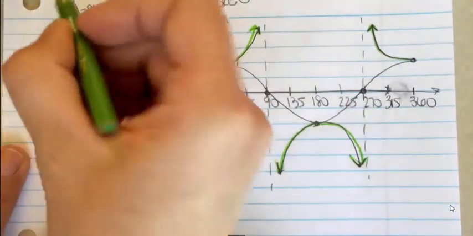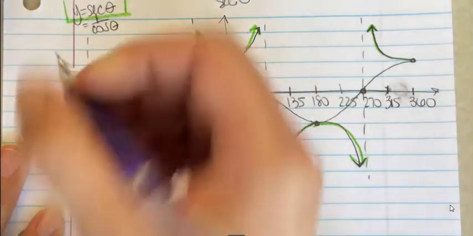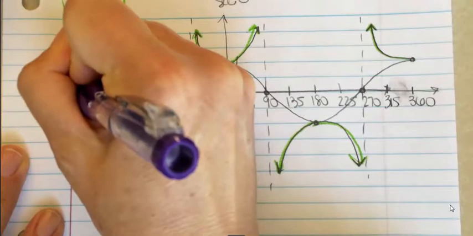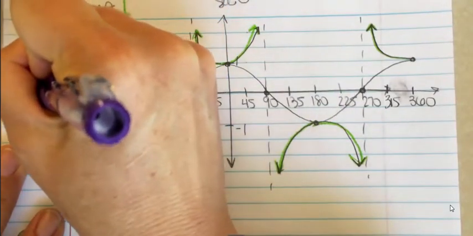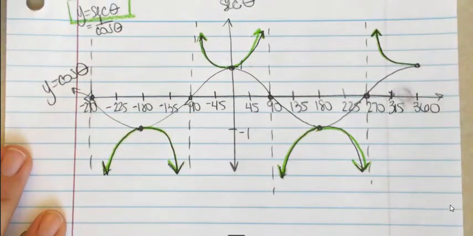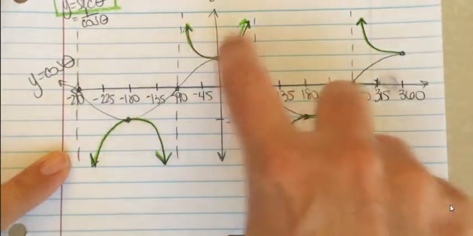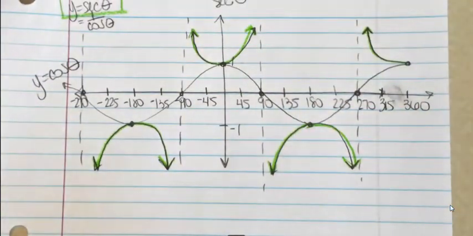So the green portion is the graph of y equals secant theta. The part that I have just penciled out here, I'm going to go ahead and call that y equals cosine theta so that I can distinguish. Okay, so really the graph is just the green parts. But me personally, I like to have the graph of y equals cosine and then go off of that.